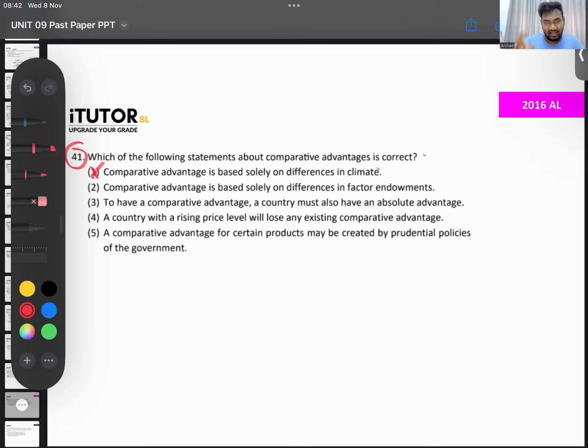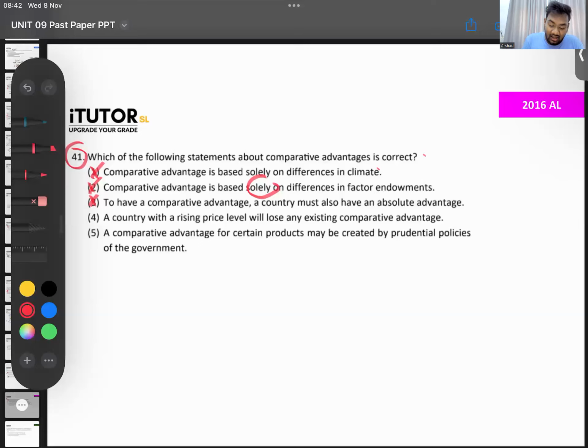No. Factor endowment is also one reason. Now, India has a lot of labor, China has a lot of labor. That's one reason why you can't say solely based on. Solely based on means that's the only reason. No. To have a comparative advantage, a country must also have the absolute advantage. No. Without having absolute, you can have comparative.